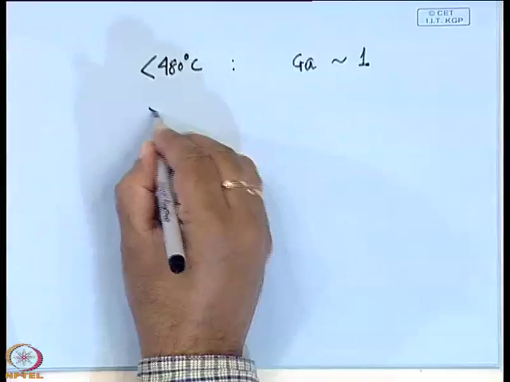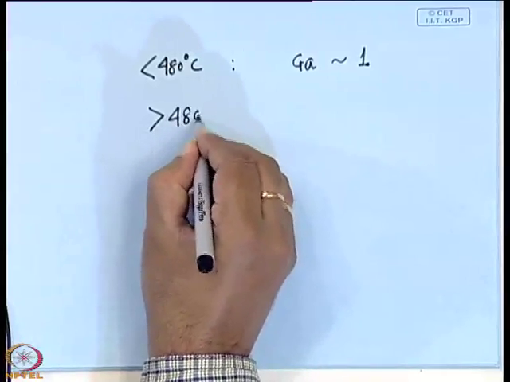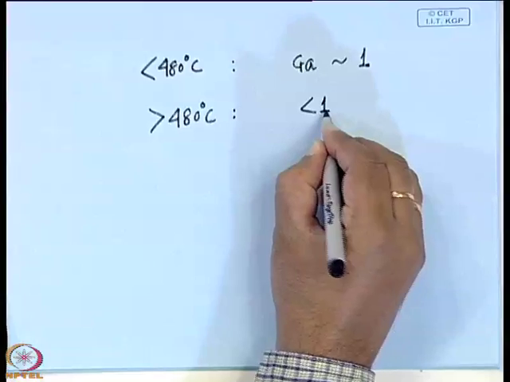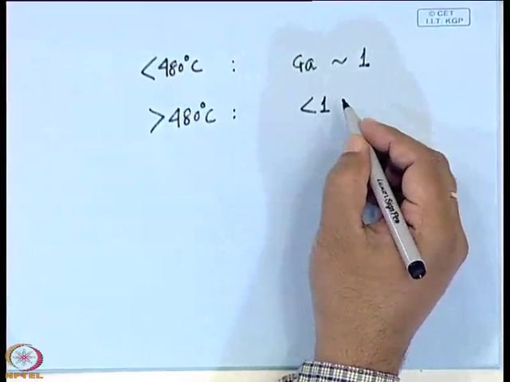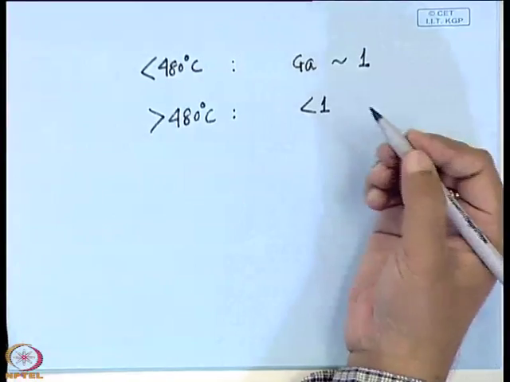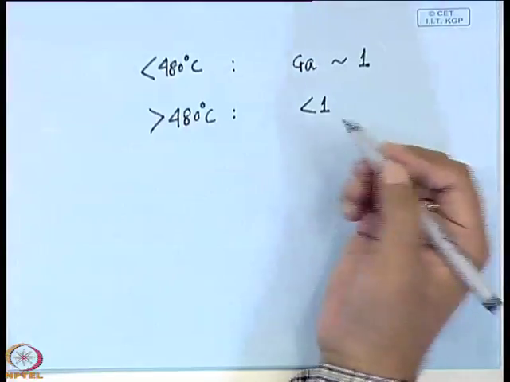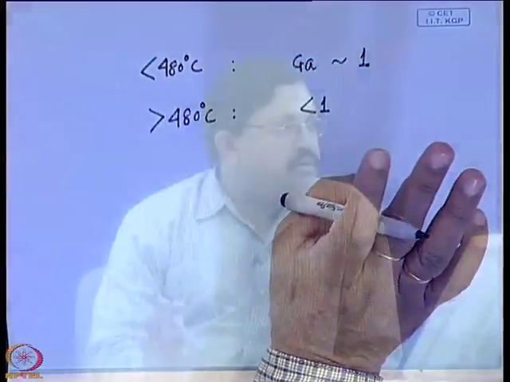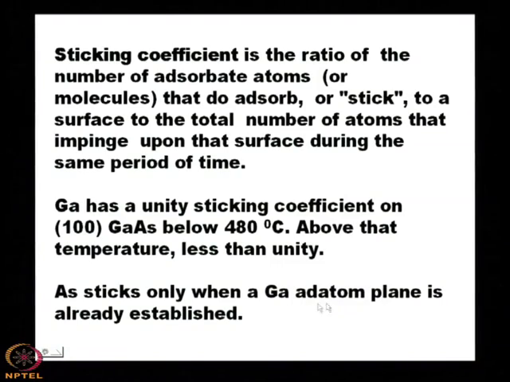Now, if you grow above 480 degrees centigrade, you will find that it is less than 1. Less than 1 means, depending on the temperature, it can be 0.5, 0.6, 0.7, 0.8, 0.9, etc. That means it has very good sticking coefficient, and arsenic sticks only when a gallium adatom plane is already established.